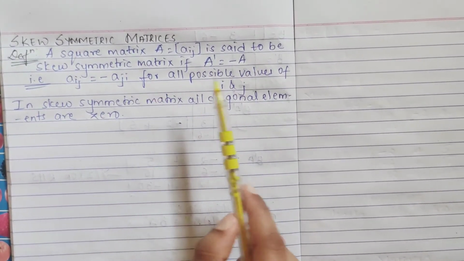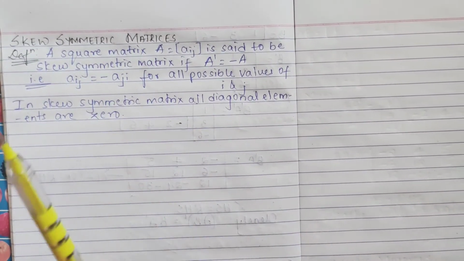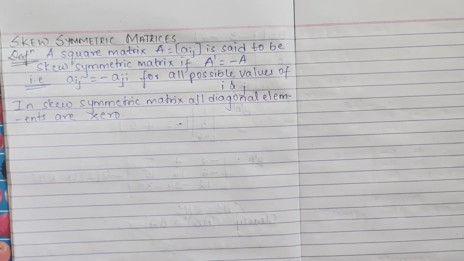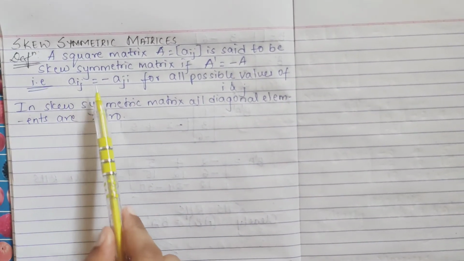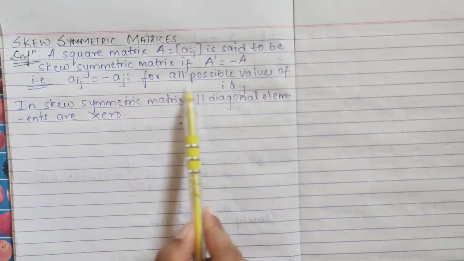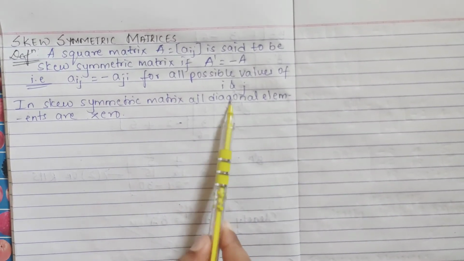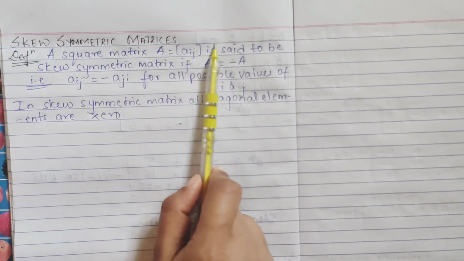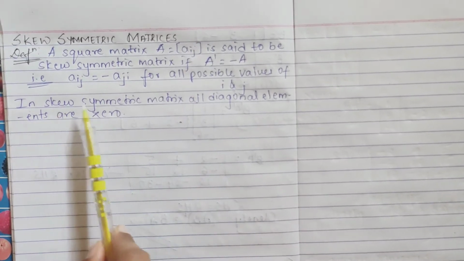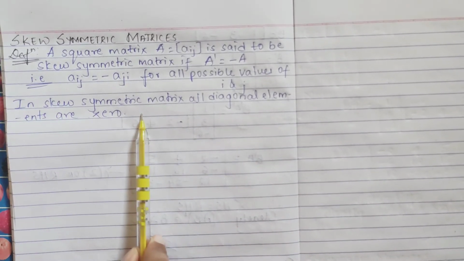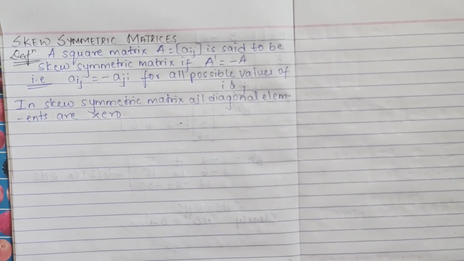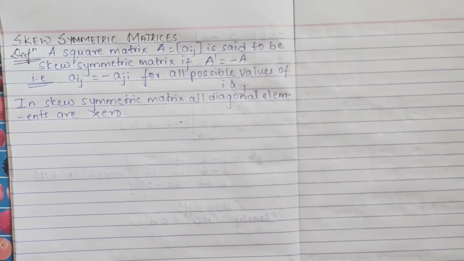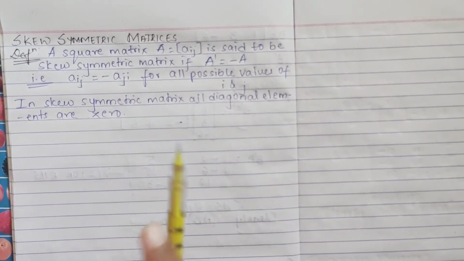Means you have to just multiply by a minus sign, or take the minus sign common. That is, Aij should be equal to minus of Aji for all possible values of i and j. In a skew symmetric matrix, one thing is there: all diagonal elements are 0. Means all diagonal elements will be 0. The rest will be positives and negatives.